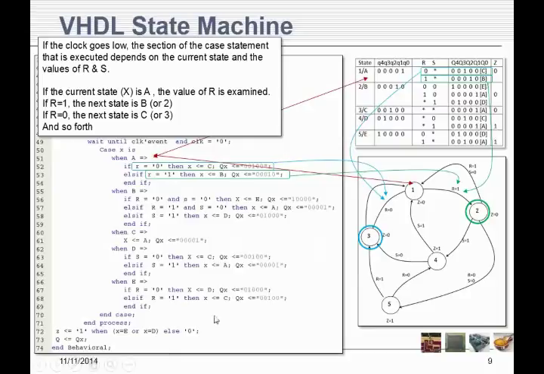Okay, the rest of them are all the same thing. When X is equal to B, in other words, I'm in state 2, well, look what comes out of state 2. I've got this line, S is equal to 1, and then I've got this one where S equals 0 and R equals 0, and this one where S equals 0 and R equals 1.